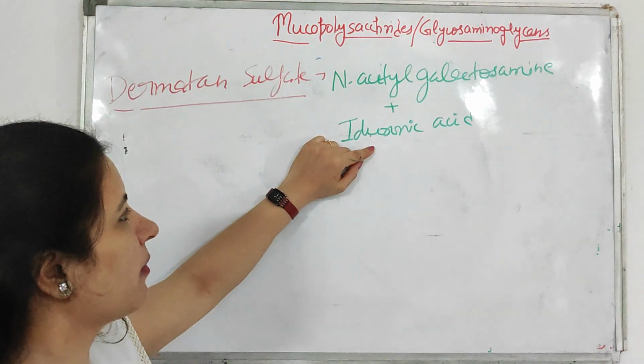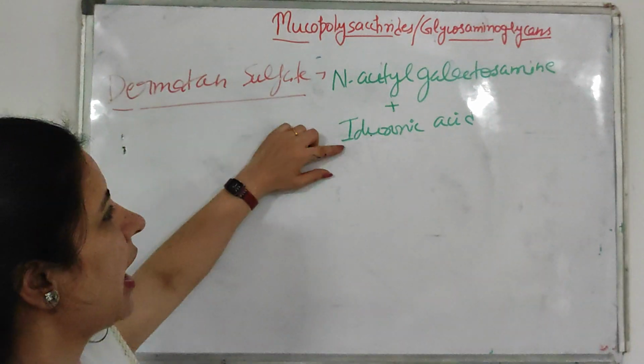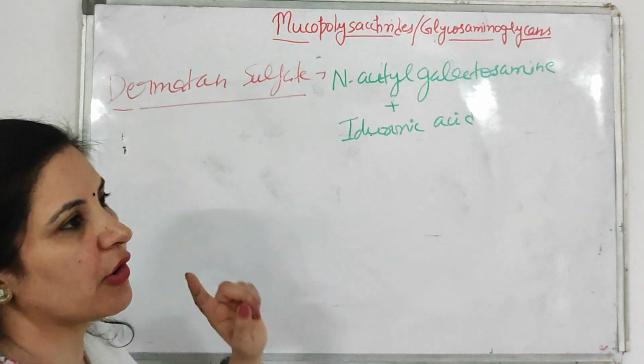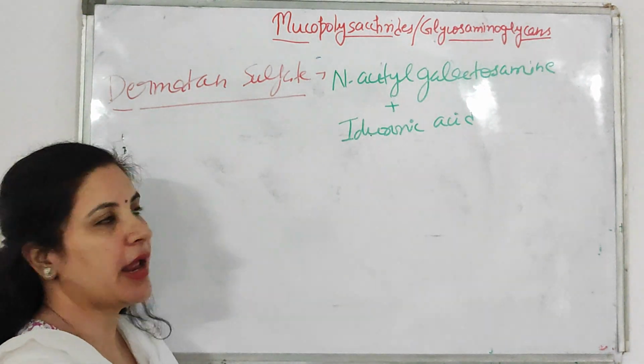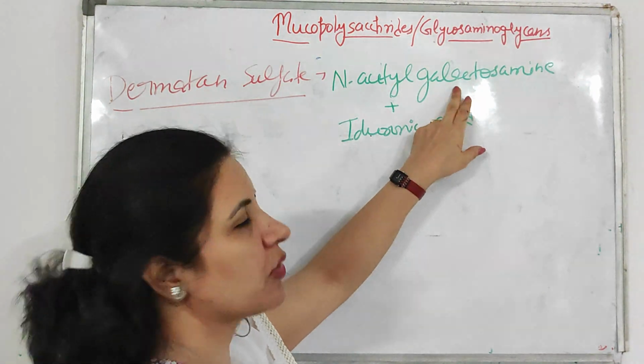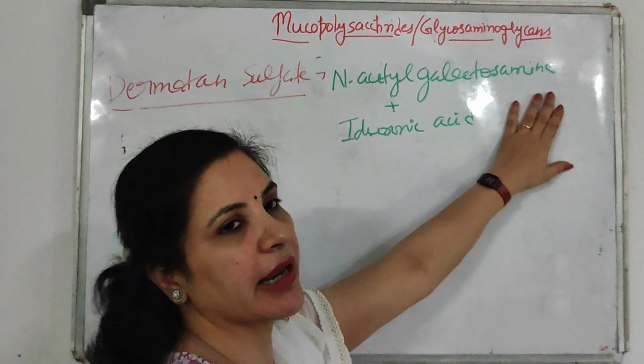D is dominating here. And the amino sugar in both chondroitin and dermatan is N-acetyl galactosamine.